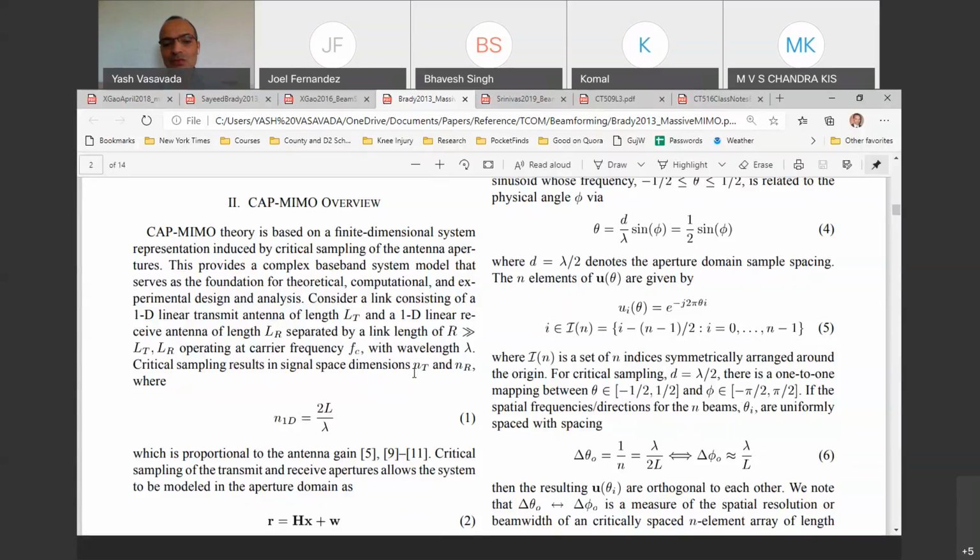Lambda by 2. No, forget about the right-hand side of the equation. I'm just asking you, if I have some antenna, let us say it is a 10-meter long antenna, and I'm effectively sampling the antenna with 10 samples.